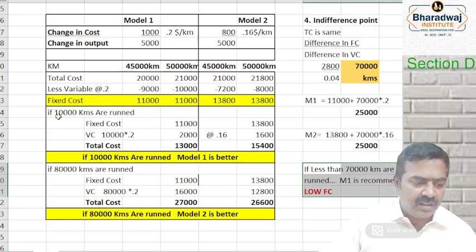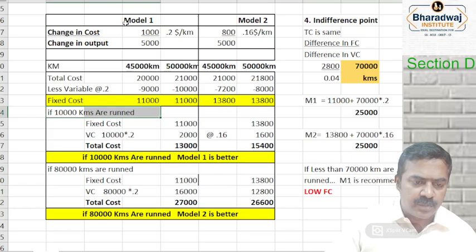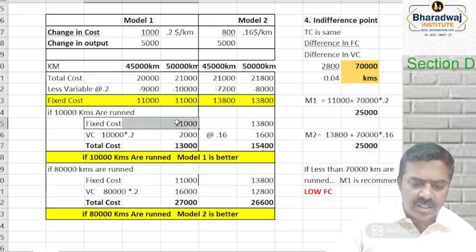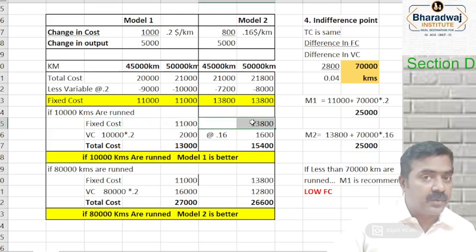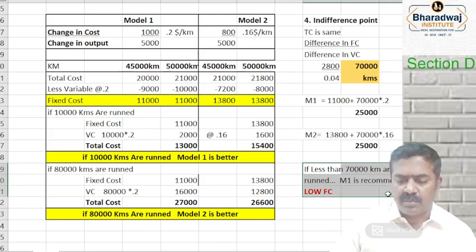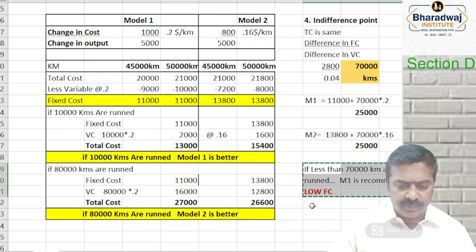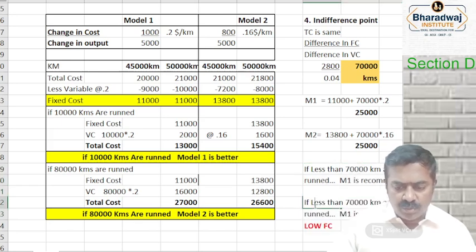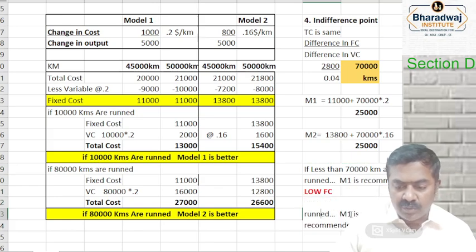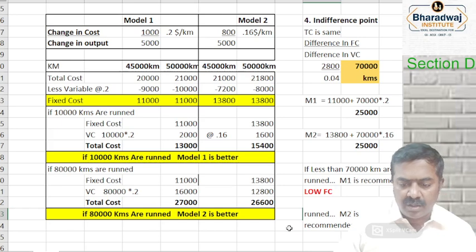You can find, if you run 10,000 kilometers, which model is better? Model 1 is better. Why? Because the fixed cost is only 11,000, whereas there it is 13,800. So if less than 70,000 kilometers are run, model 1 is recommended. If more than 70,000 kilometers are run, model 2 will be recommended.